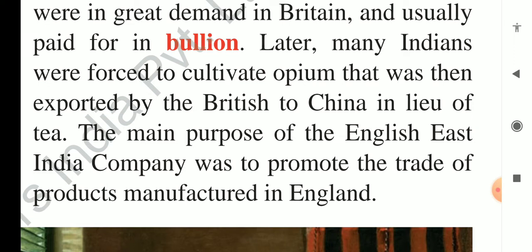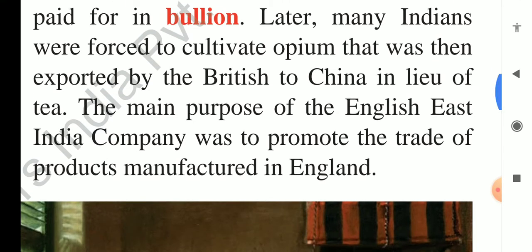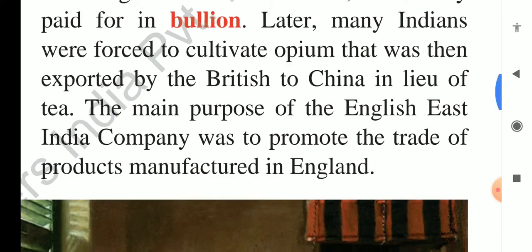But when company started feeling that if we do not control these territories, we will not be able to trade smoothly, then company started ruling over the country. They started taking over small territories and then large part of India just because of trade. So it wanted ultimately to increase their trade. That is why they started doing such things, right?